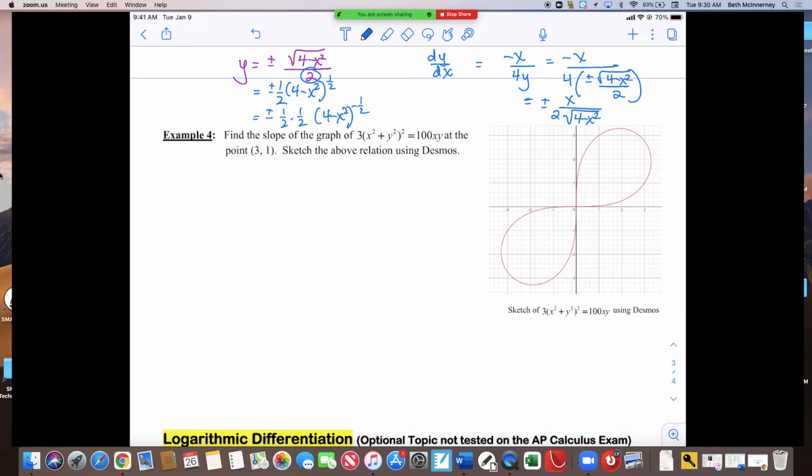For those of you that are pretty far along, when I reduced, I got 13 over 9. 13 over 9.